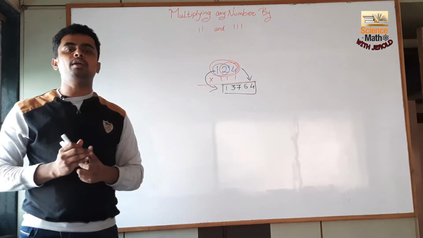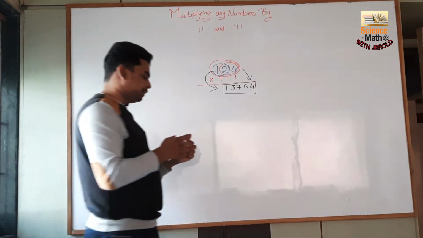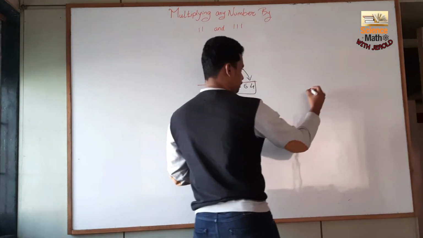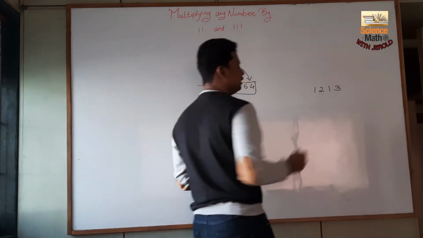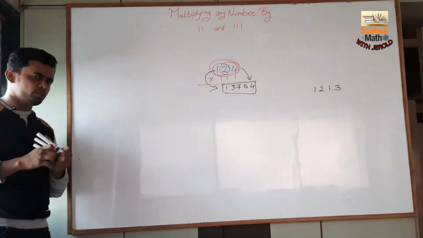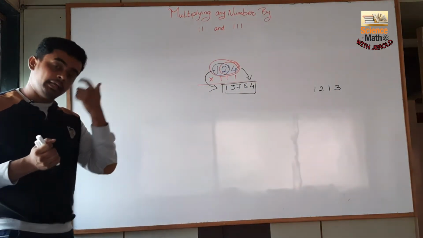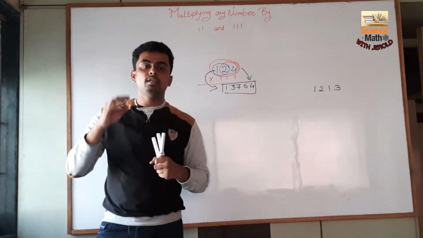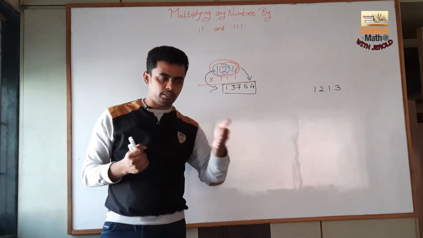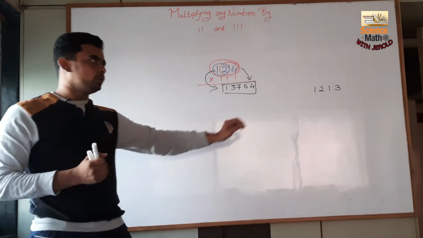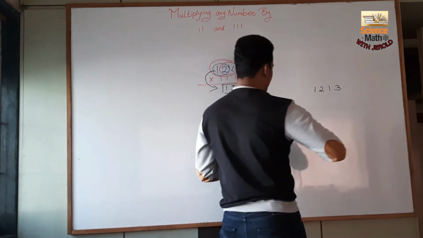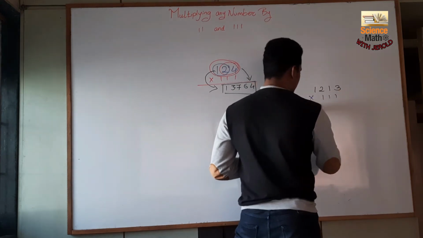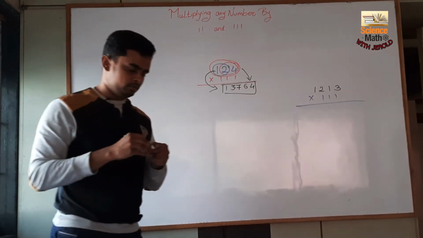Let us see what I can do with a 4-digit number. 1, 2, 1, 3. We'll take small numbers first because we know it can get complicated, with carry numbers and all coming in. Hence we will wait and do the complicated numbers a little ahead in this video. So 1213 is my new number, multiplying that number by 111 and I should have an answer.